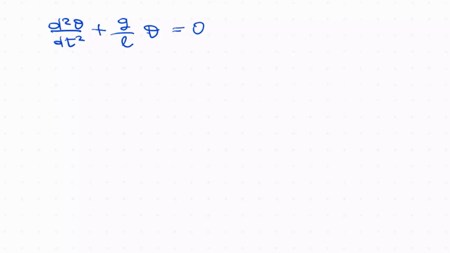Let's call omega squared equal to g dividing L. Okay, to differentiate this omega from the omega that we used earlier, let's call it omega p for the pendulum.